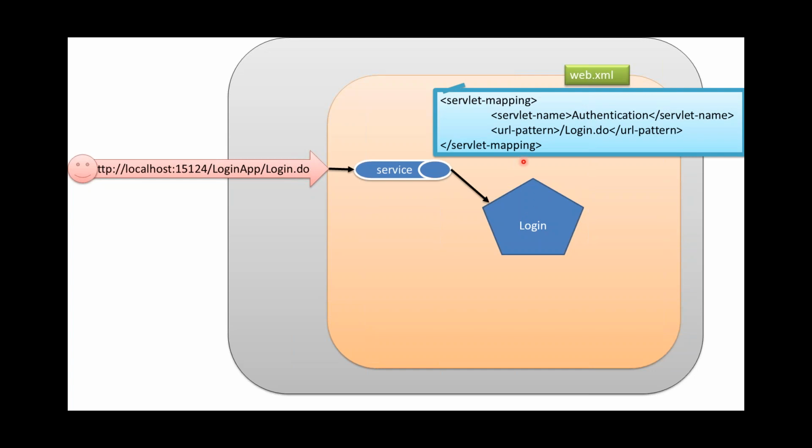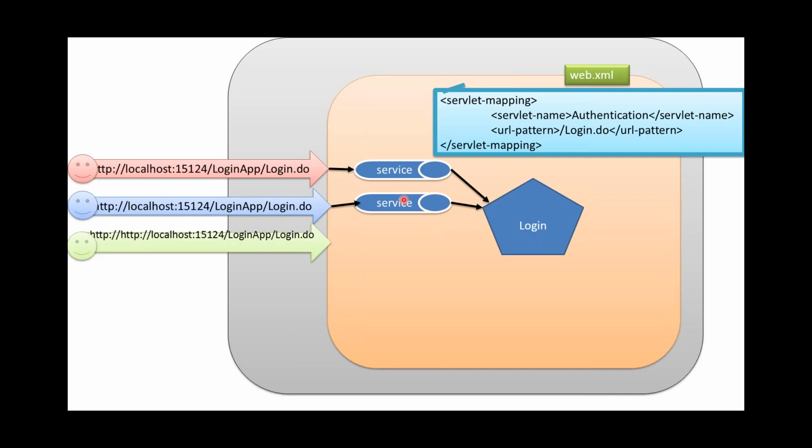Now, when the request comes, it calls the service method. When the second request comes, it will call the service method again. That is, for this request, your web container will create a thread and hand over the thread to this client request. When the second request comes, the web container again creates another thread and hands over the client to this thread.